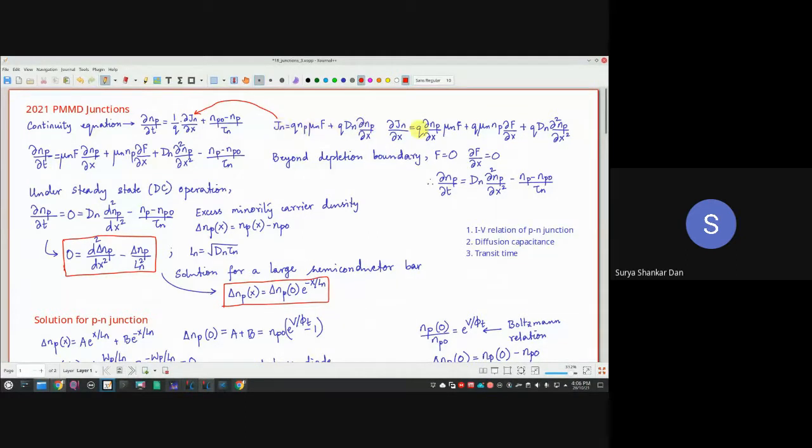So what is del Jn del x? This is the derivative of this equation. There are two x related terms: one is np, the other is the field f, and then the derivative of del np del x. So you are going to have this one as well as del f del x as well as del 2 np del x square. Very simple, there is nothing special concerning that.